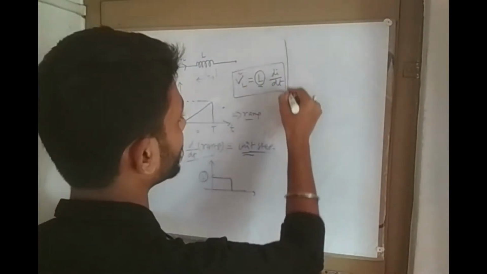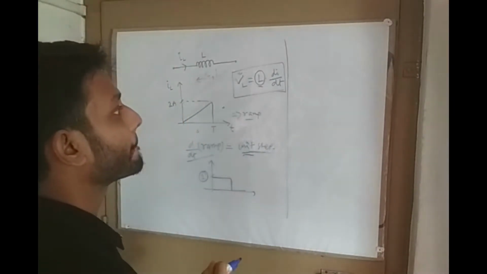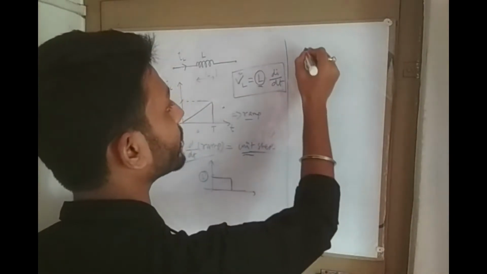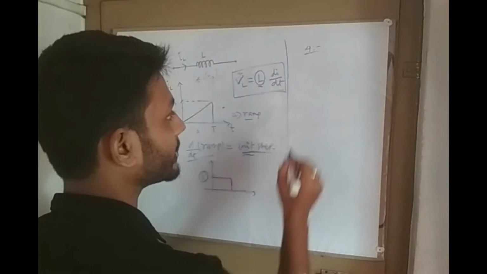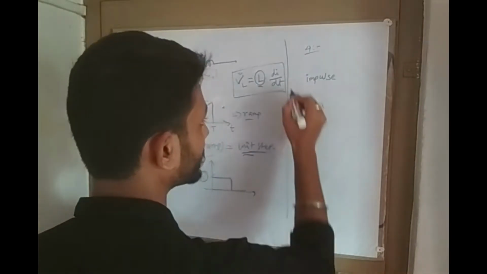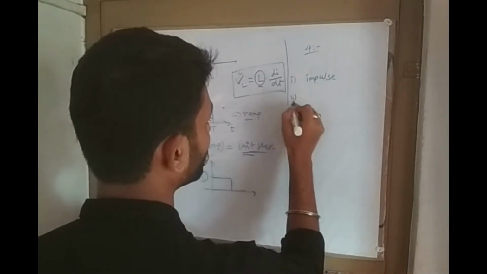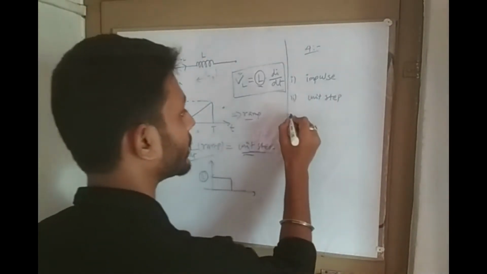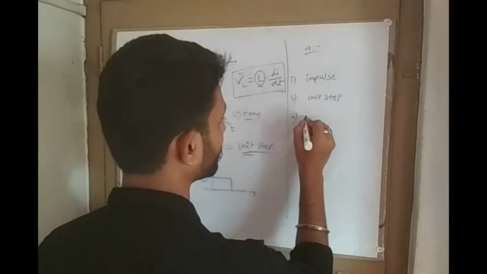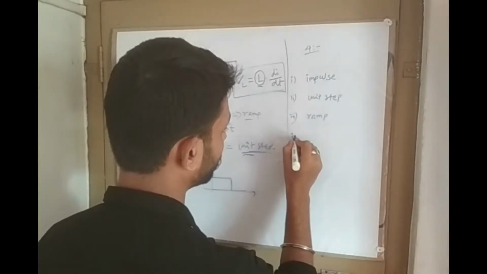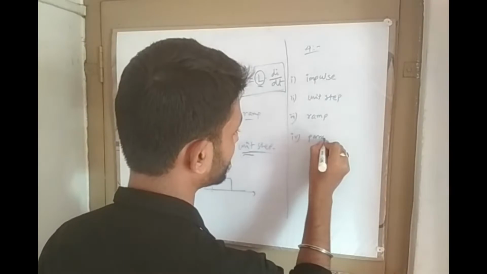This way, in signals and systems, we study about 4 different types of signal. The signals are impulse, second one is unit step, the third one is ramp, and the fourth one is parabolic.